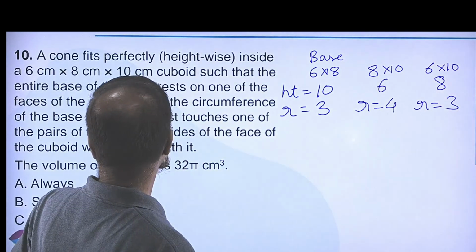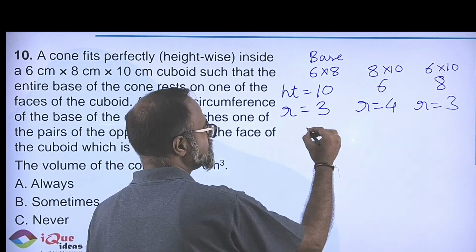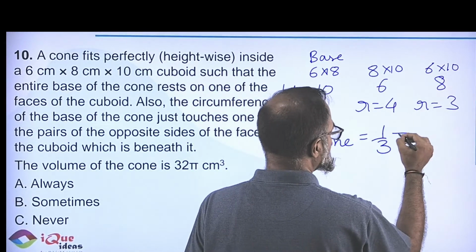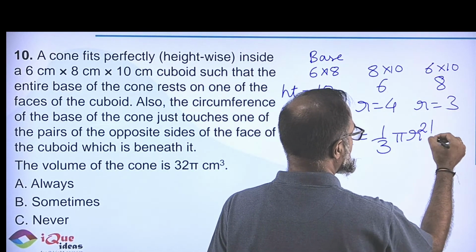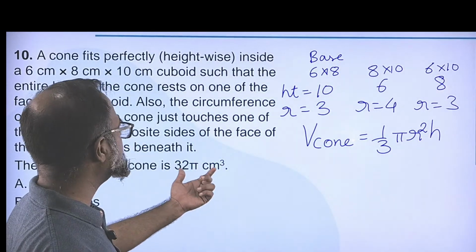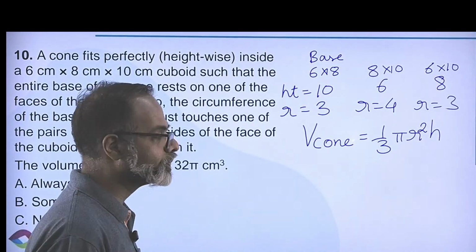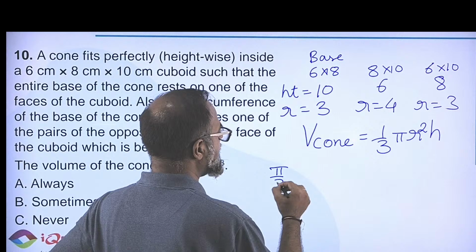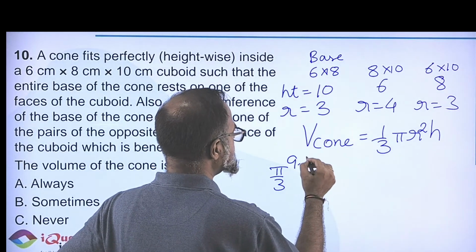And I need to find out the volume of the cone. And we just saw in the previous example that the volume of the cone is 1/3 pi r square h. So all I need to see is 32 pi, is it possible as a value? Let's just work it out. So first one, pi by 3, r square is 9, h is 10.